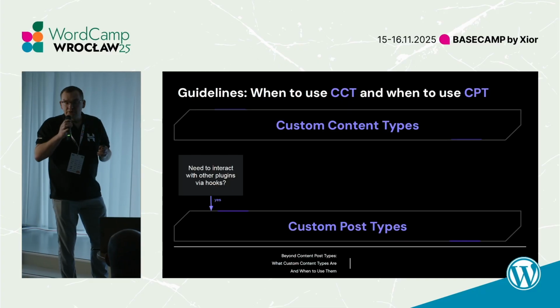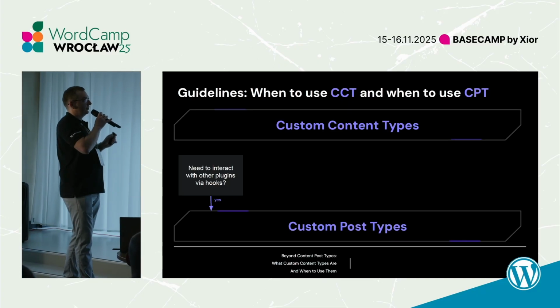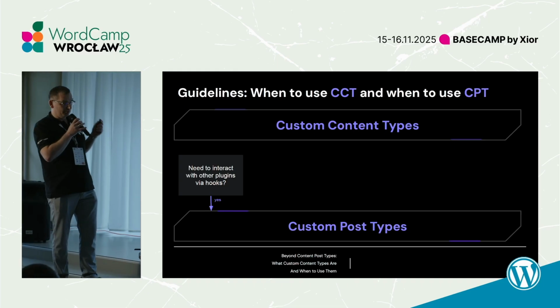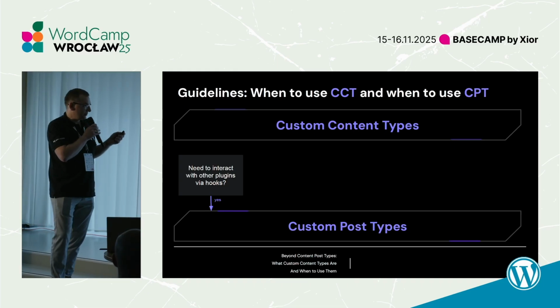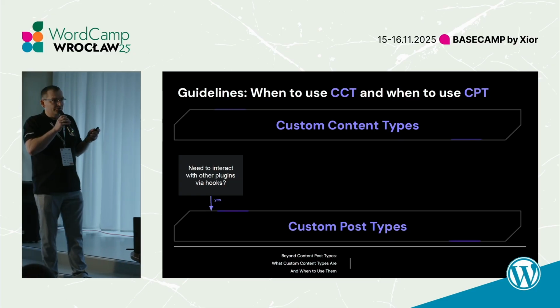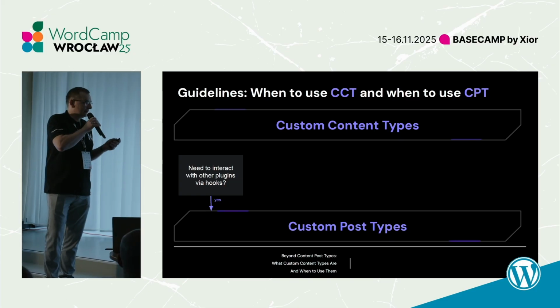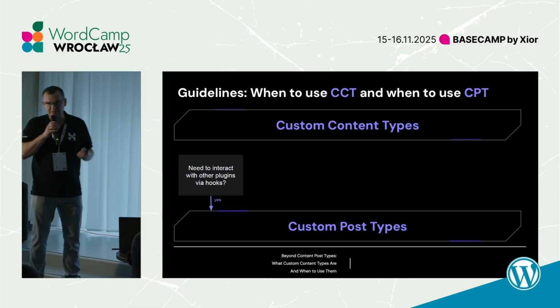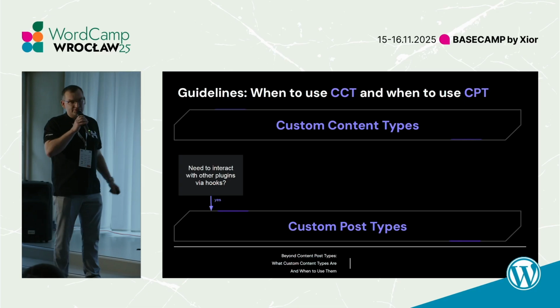Okay, so we are here to see where we should use it. Not always. First question: do you need to interact with other plugins? If we need to use other plugins and they are using filters, like for the content and stuff like that, keep the custom post type.